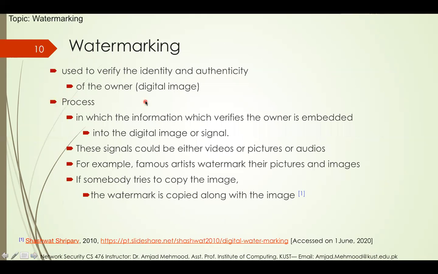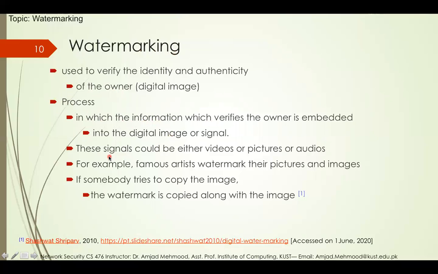Watermarking is used to verify the identity and authenticity of the owner in the digital image. You may also call watermarking the process in which the information which verifies the owner is embedded into a digital image or a signal.